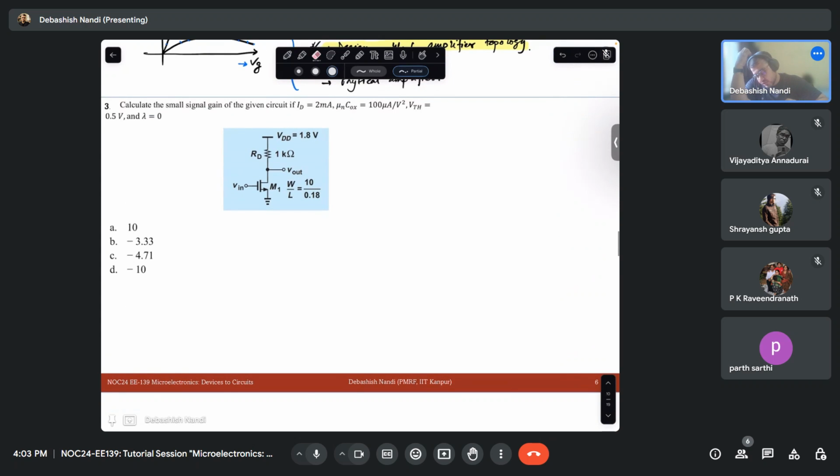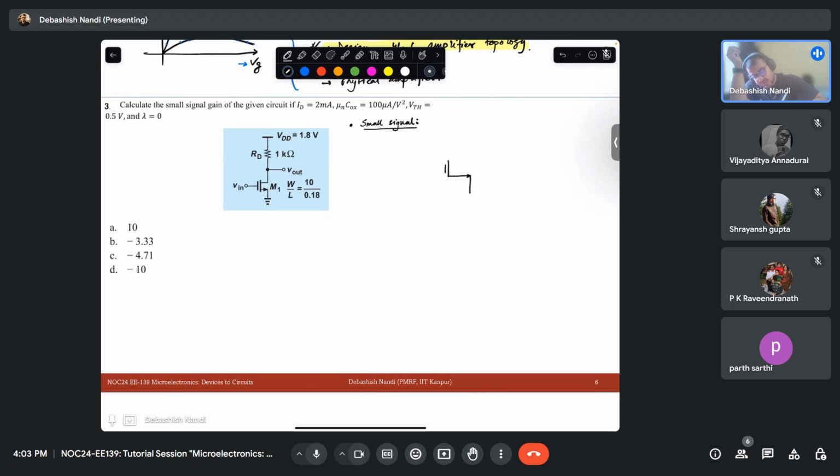Okay, so calculate the small signal gain of the given circuit. So what do we need to have to calculate the small signal gain? Let's say I first draw the small signal equivalent of the circuit. How will it look?